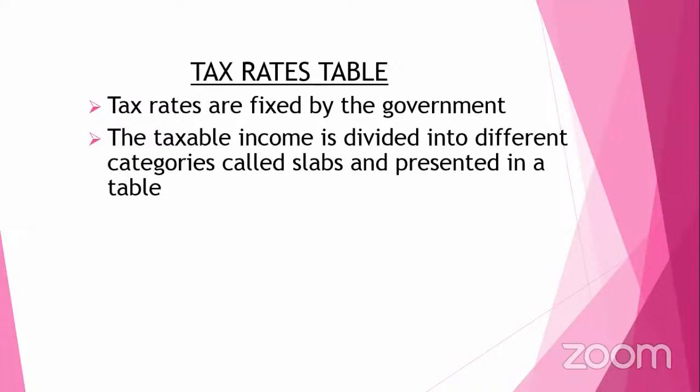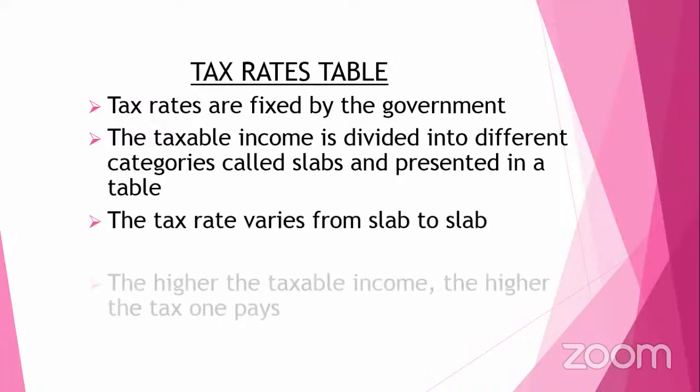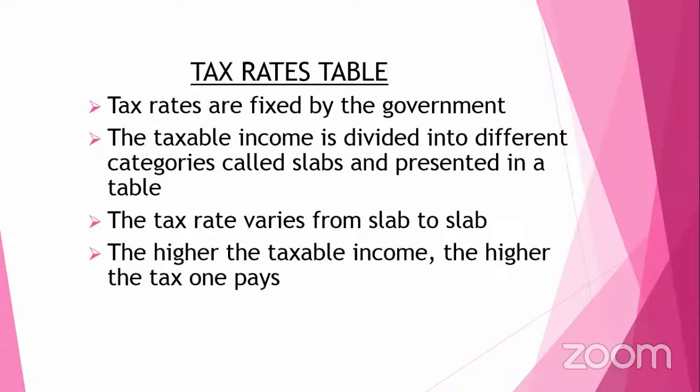The tax income is divided into different categories called slabs, as presented in this table. I think I'd already mentioned that. The tax rates vary from slab to slab. The higher the taxable income, the higher the tax one pays. And this is the question somebody was asking me. Whoever was asking me, why don't we remove the tax first? When you remove, you will have little money to tax.